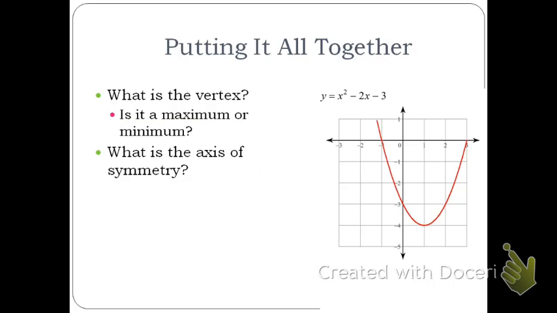Then they'll ask you, what is the axis of symmetry? Well, the vertex is always on the axis of symmetry. So there's our axis of symmetry. It looks like it's at +1. So our axis of symmetry is x is equal to 1.